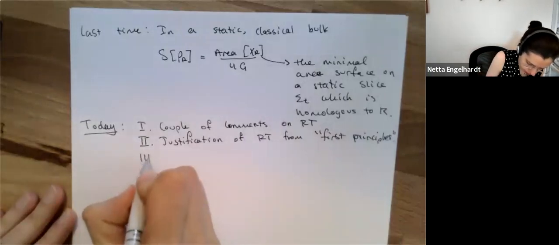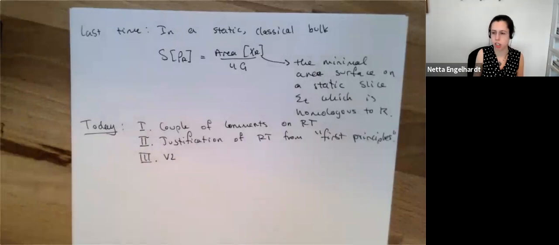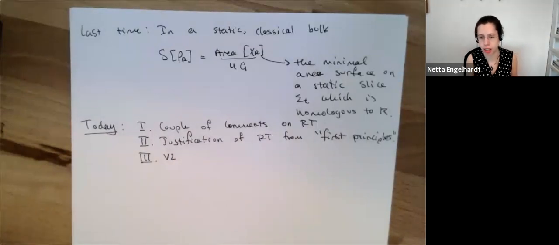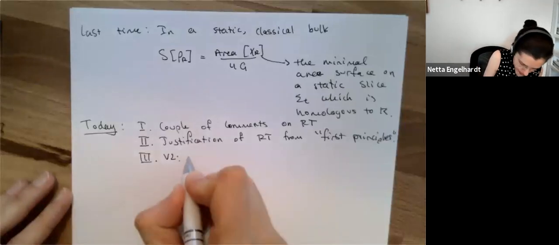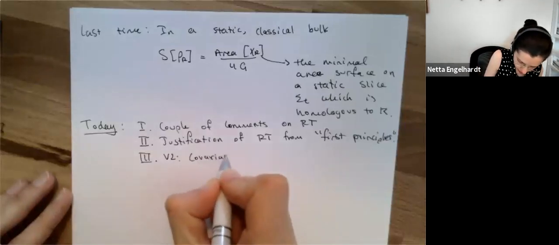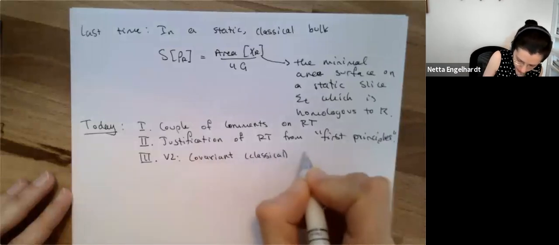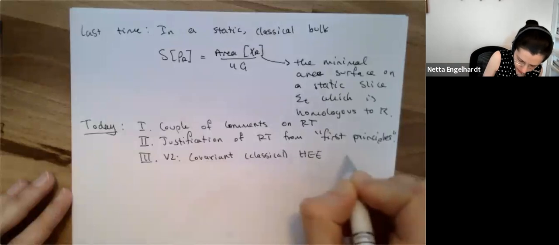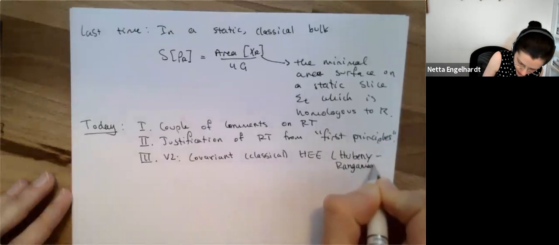Then we'll talk about the covariant version, which I'll call V2. So V0 was Bekenstein-Hawking, V1 is Ryu-Takayanagi, classical static bulk, and then V2 is the covariant, still classical, holographic entanglement entropy prescription, which was proposed by Hubeny, Rangamani, and Takayanagi.